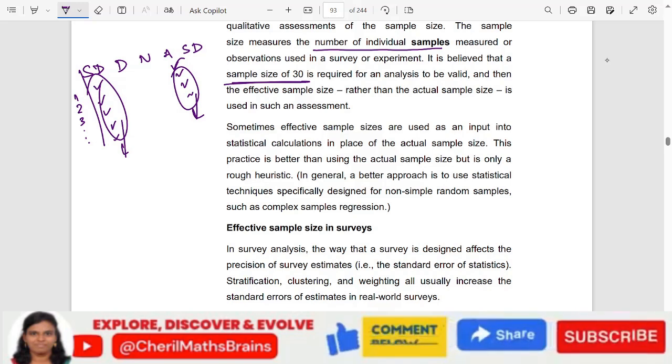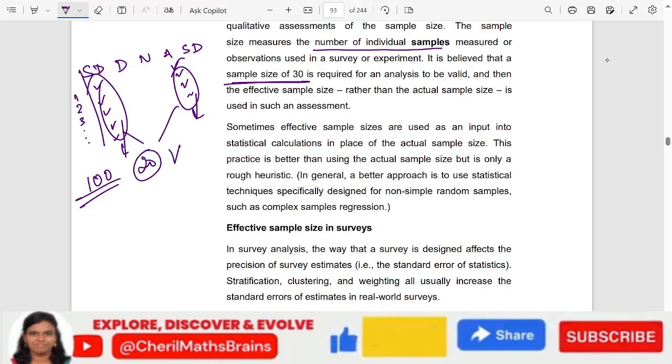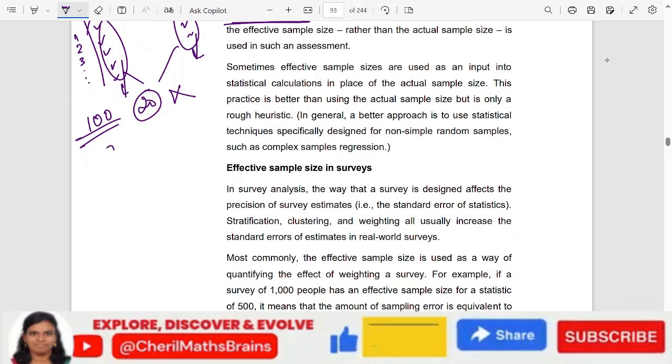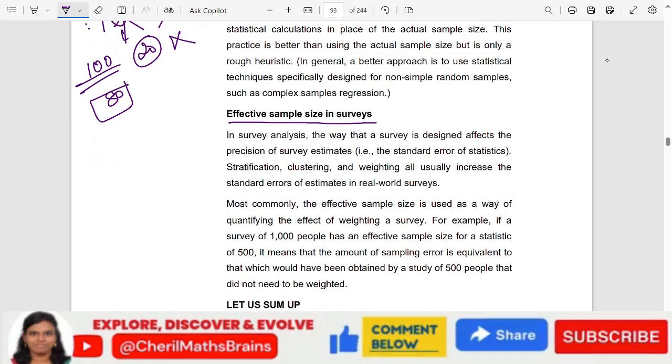If you take 100 samples, there are chances that 20 of them will be like this. We should not include these, so we take only the balance 80. That is your effective sample size.